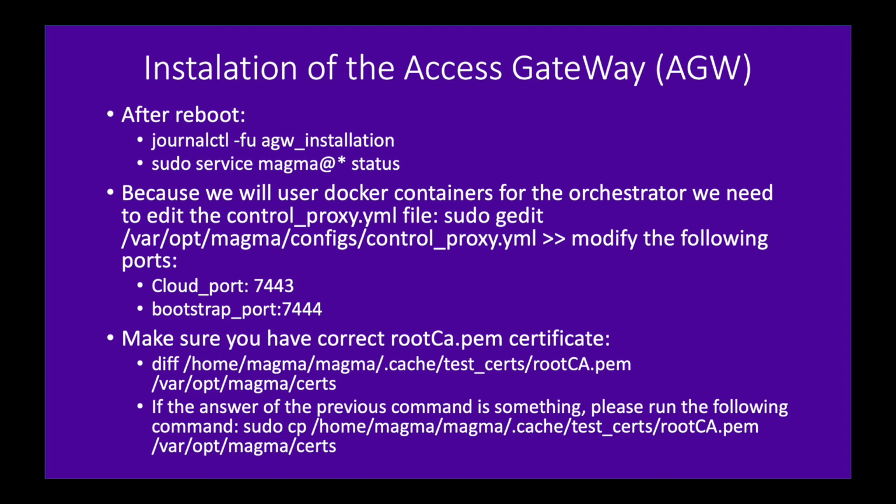But if we see information after executing this diff command, we need to replace the rootCA.pem file. To do that, you need to use sudo cp from /home/magma/.cache/test_certs/rootCA.pem to the folder /var/opt/magma/certs.